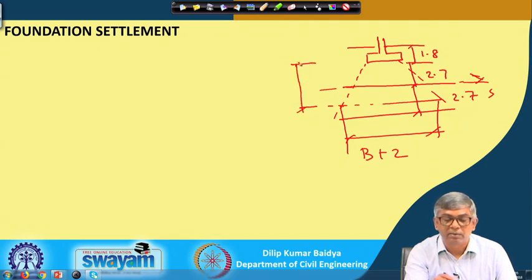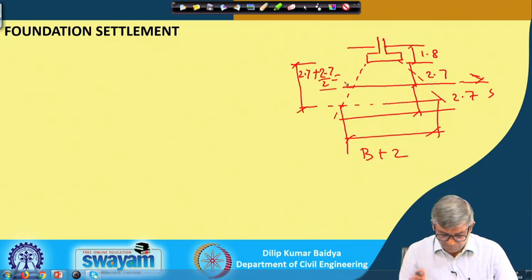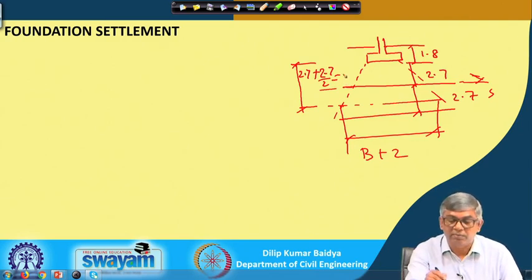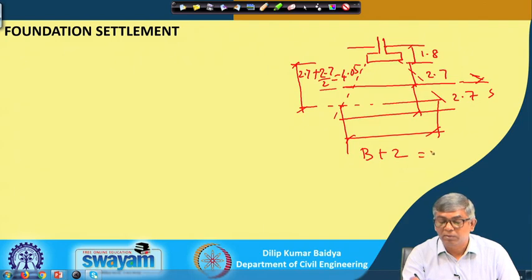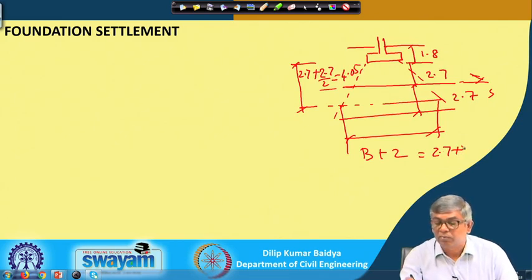It will be 2.7 plus 2.7 divided by 2, and that gives you 4.05. So, this will be equal to B is 2.7 plus 4.05, and that becomes 6.75.